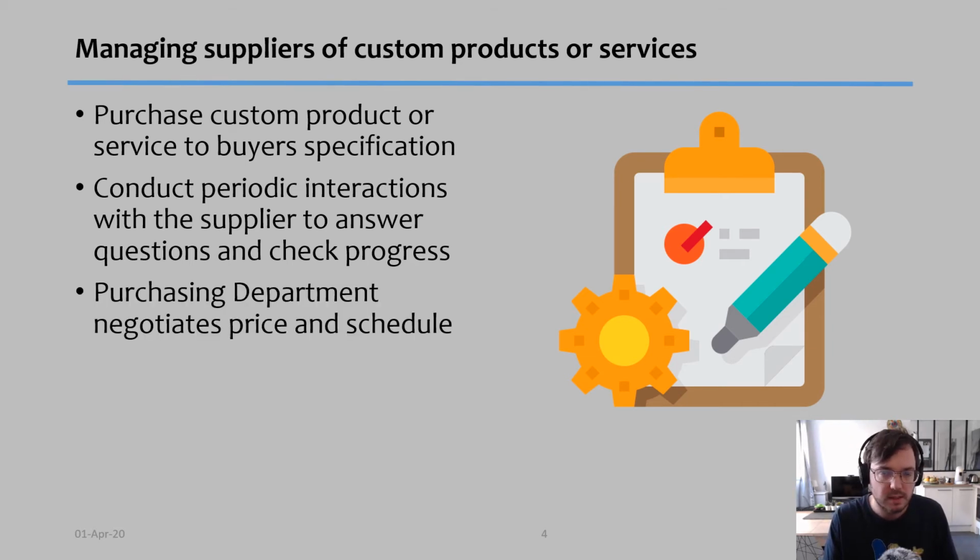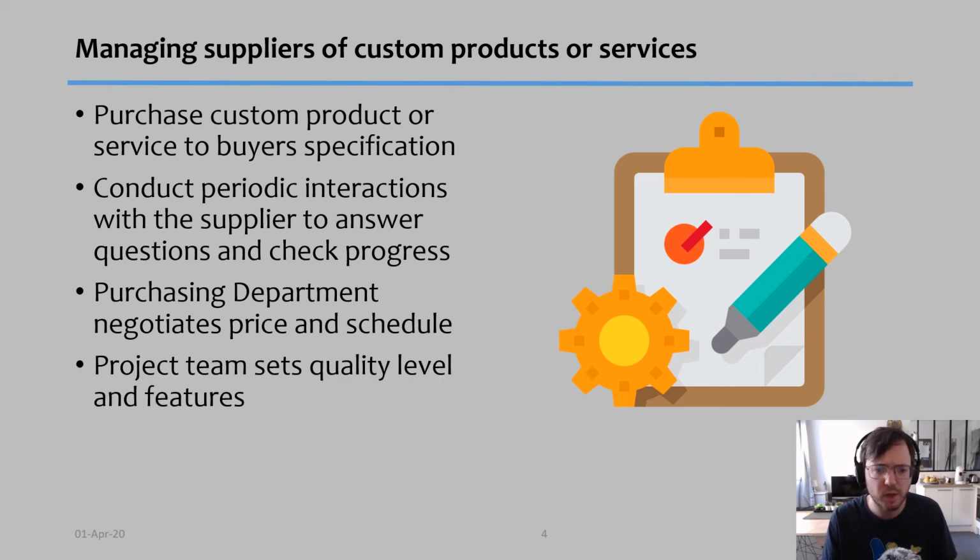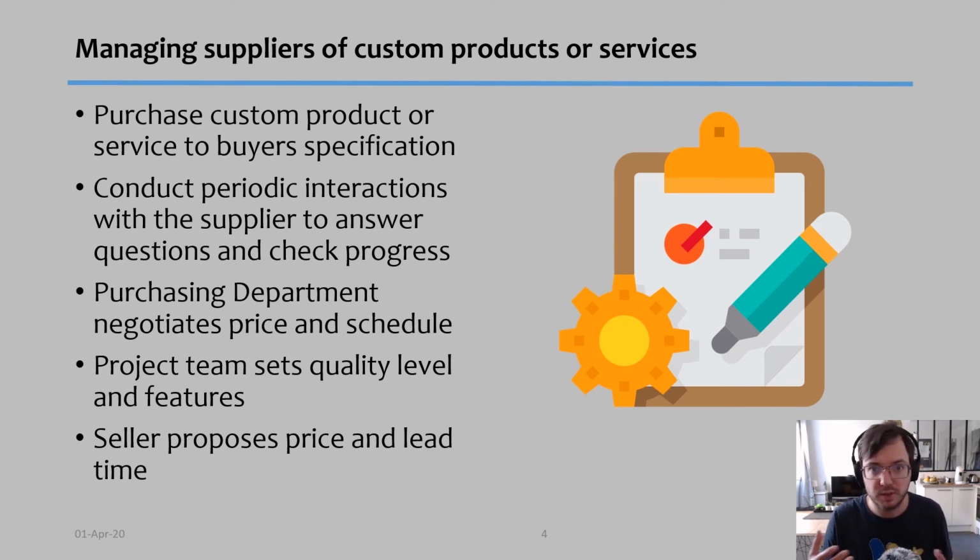Your purchasing department should manage the prices and the schedule of payments if you have one, and your project team sets the quality and the features wanted on this custom-made product. Here, the seller is the one who proposes the lead time for delivery of those requirements. These are the things you need to be careful about when working with providers of custom products or services.